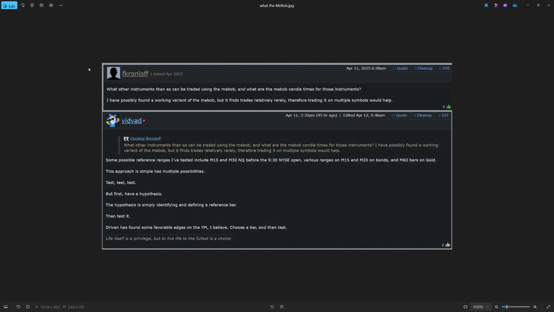But I did want to recognize you because I really appreciate this type of participation, this type of post. What other instruments than the ES can be traded using the Mebob, and what are the Mebob candle times for those instruments? I have possibly found a working variant of the Mebob, but it finds trades relatively rarely, therefore trading it on multiple symbols would help.